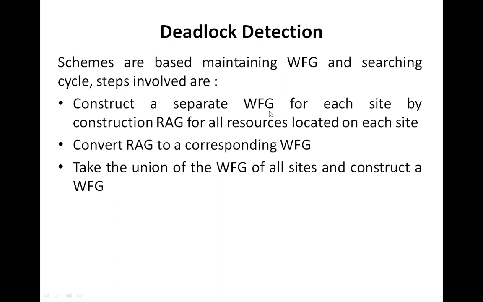It may be possible that the wait-for graph of an individual site contains a cycle. It may also be possible that when we take the union of the wait-for graphs of all the sites and construct a global wait-for graph, it contains a cycle, and then we will adopt a certain procedure to detect the deadlock.